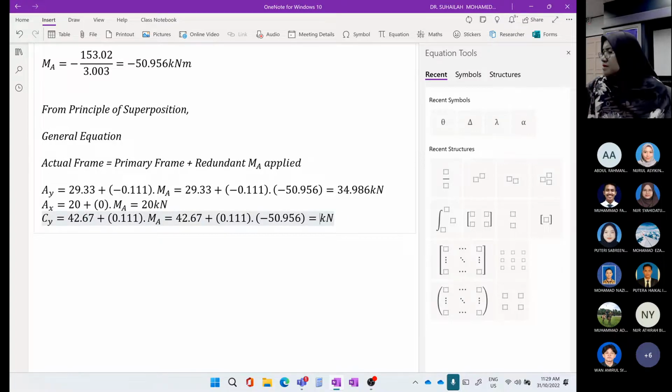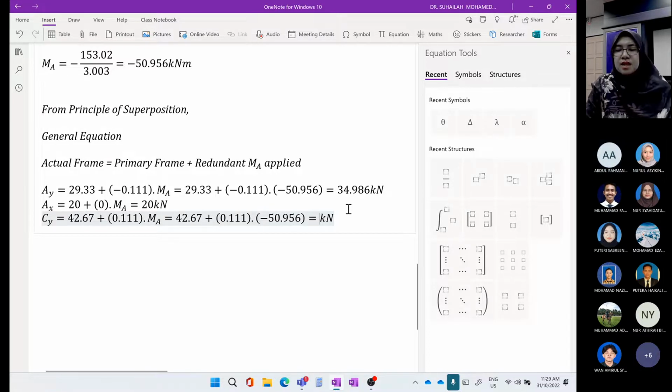Do you get 37.014? Yes, 37.014 kilonewton.